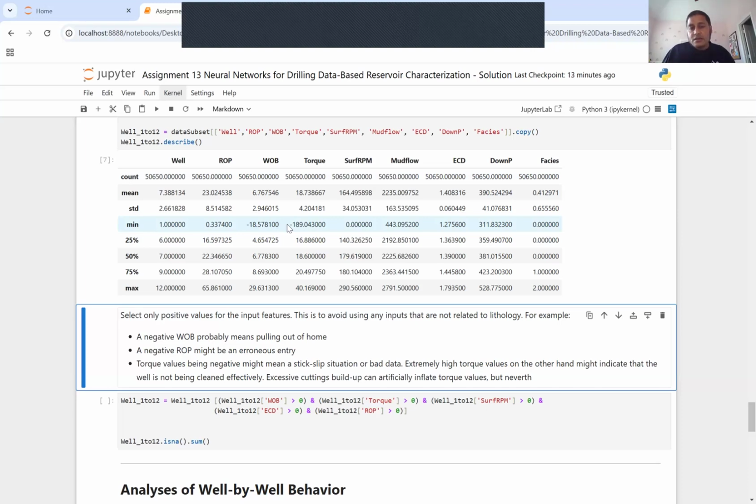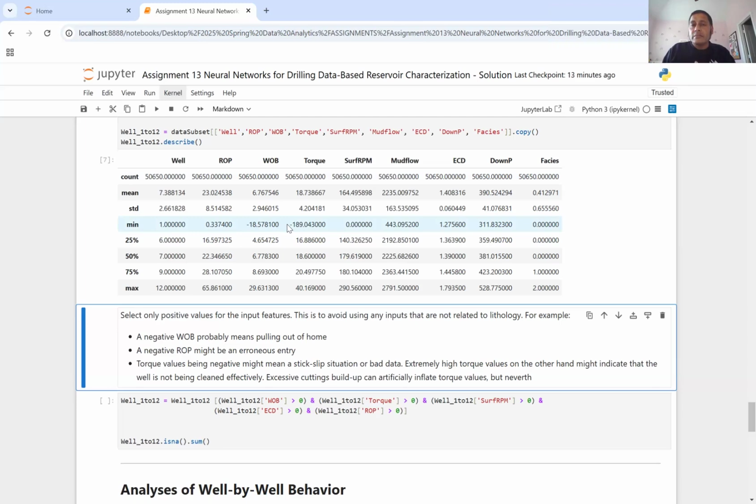And in general, if any of these variables have negative values, it's typically not associated with the drill bit action on the rock, because a negative weight on bit essentially means that you're pulling out of hole as opposed to applying some force on the bit to drill through the rock.